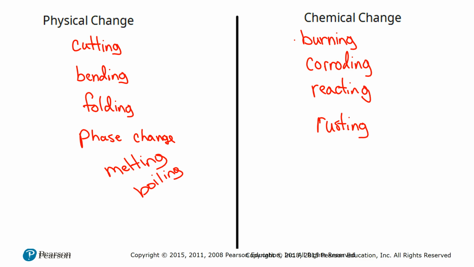And so in general, that's what we're kind of looking at. Rotting. Cooking. So think about physical change as things you can do to it and you can still get it back to what it was, versus chemical change. When we do it, it's no longer what it was anymore. It's a completely new substance.